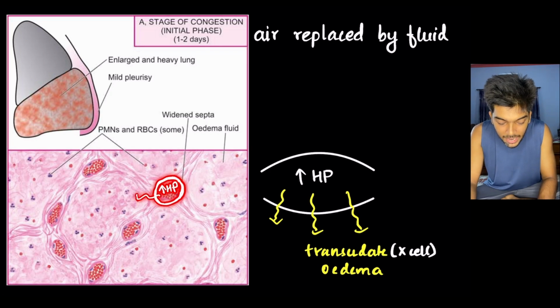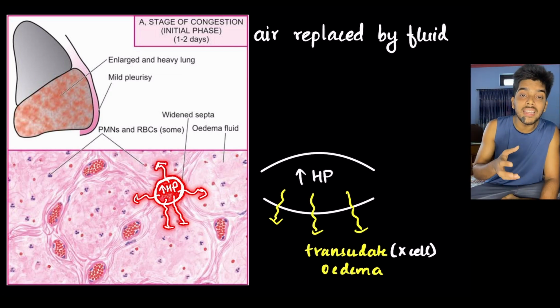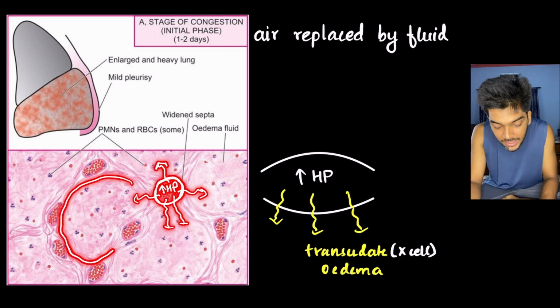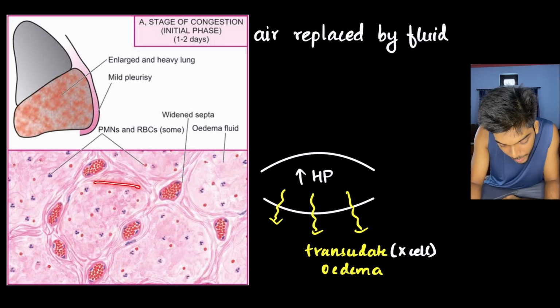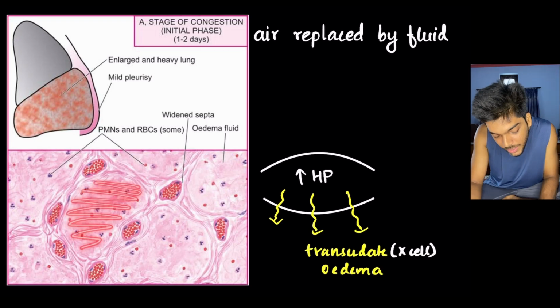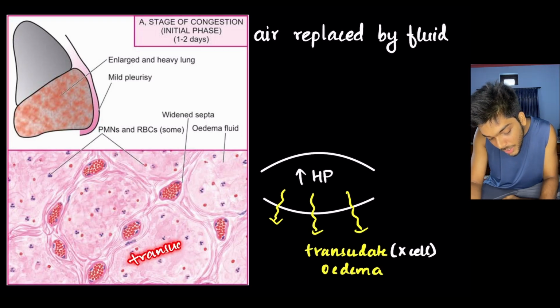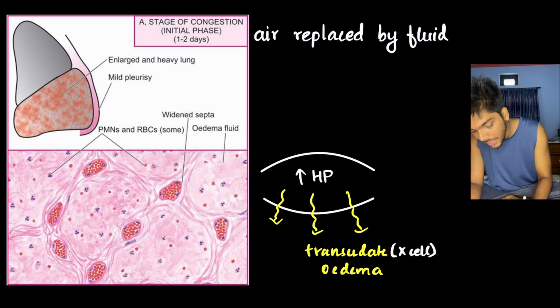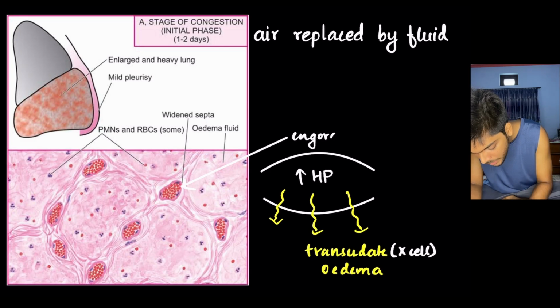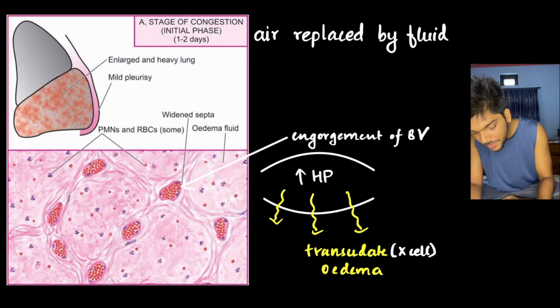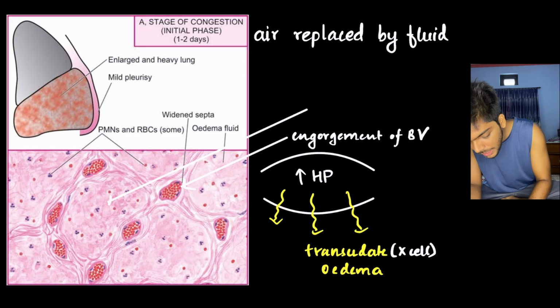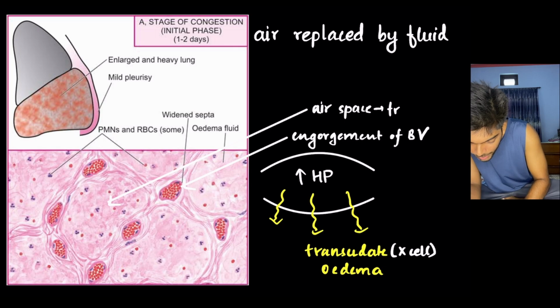So the fluid from inside, due to pressure difference, gets pushed outside. This fluid accumulates in the air space within the alveoli. So the air space is now replaced with transudate. If I had to label it, I'll write two things. Number one, there is engorgement of blood vessel, and number two, the air space is filled with transudate.